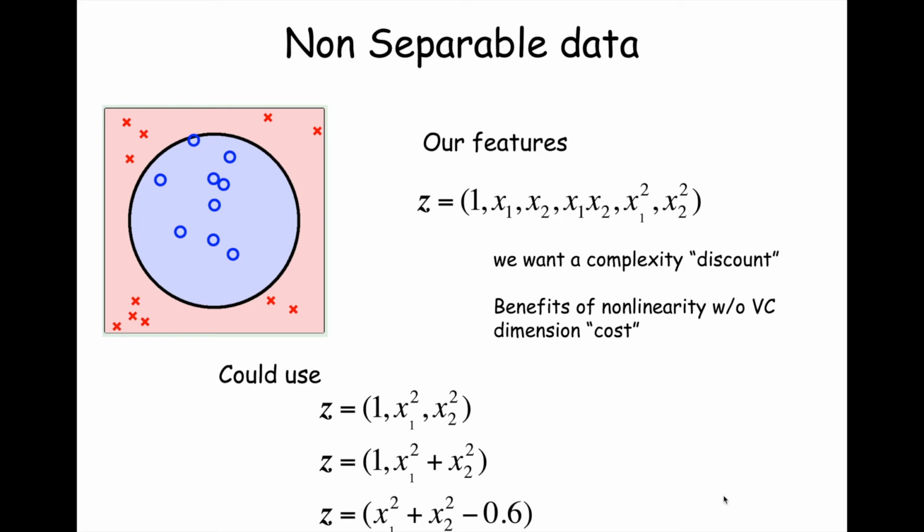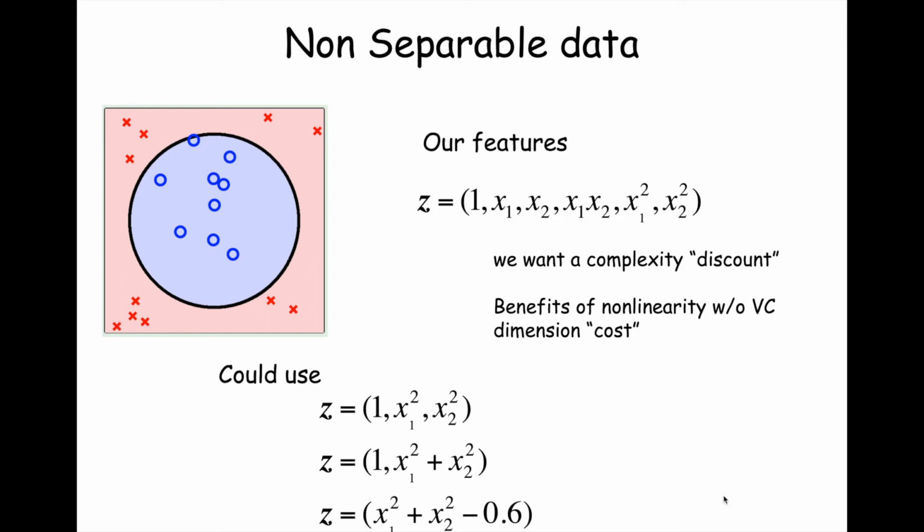Now, you might see this and say, gosh, well, I know if I go up from 3 dimensions to 6 dimensions, I need more data points. So you might decide, okay, well, let me try to trick out the VC dimension and get a discount on my complexity by collapsing this transformation to see if I can get efficiency for free effectively.